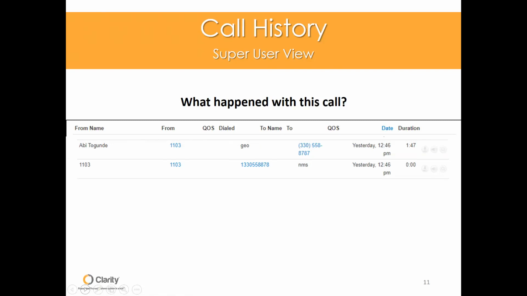With our call history and NetSapiens, they will literally list every single leg of the call. So if I take a call and transfer it to Abby, and then Abby transfers to Erica, every single leg of the call will be listed, but the time will be exactly the same.